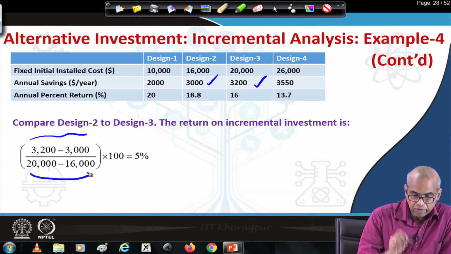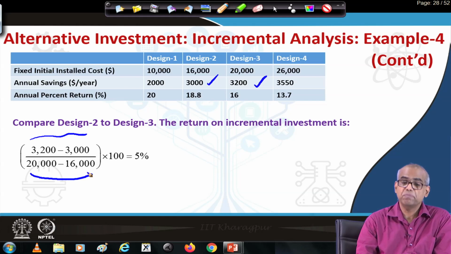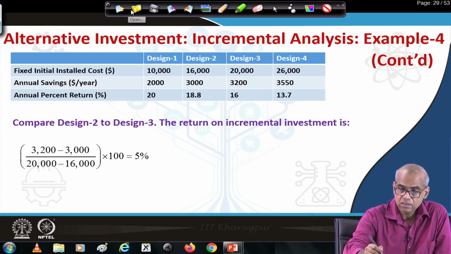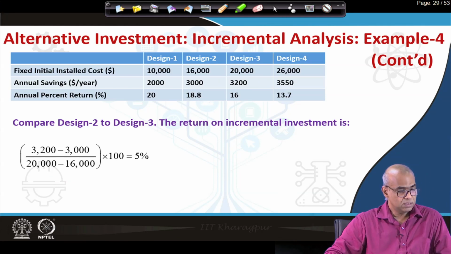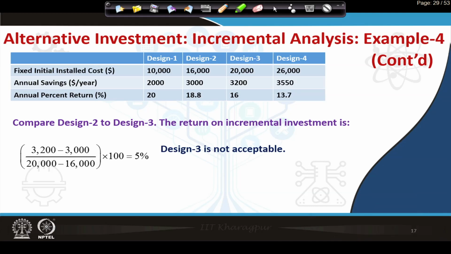So, divided by 20,000 minus 16,000. The rate of return you obtain is 5%, which is much less than the standard set by the company policy, which is 15%. So, design 3 is not acceptable. So, design 2 is the most preferred choice. So, that is the alternative.